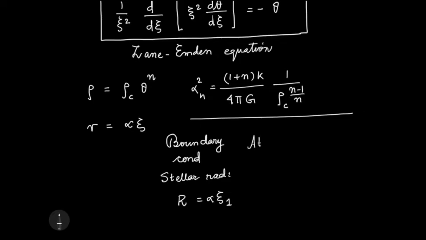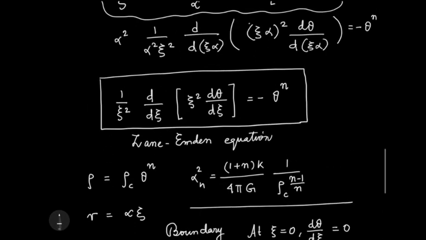So at xi equals 0, r is also 0, and from the previous condition of d rho dr, we will see this will also be 0. What about theta? Theta will be 1 at xi equals 0.